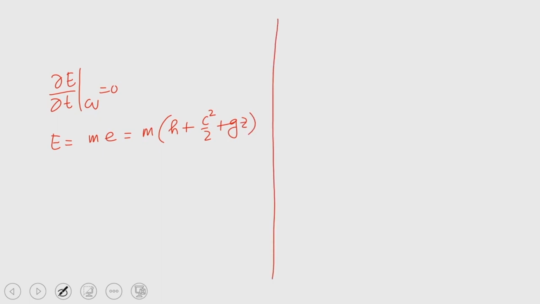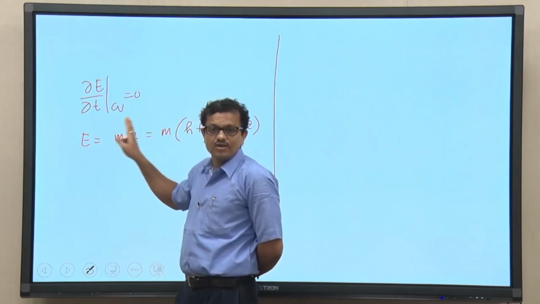So, I am coming to the next slide. What I am telling is that for the steady state, d/dt of the control volume equals 0, and E, being the total energy, can be written as m into (h plus C square by 2 plus gz). If we need to make the quantity 0 considering the assumption of steady state, then the total energy will not vary within the control volume.